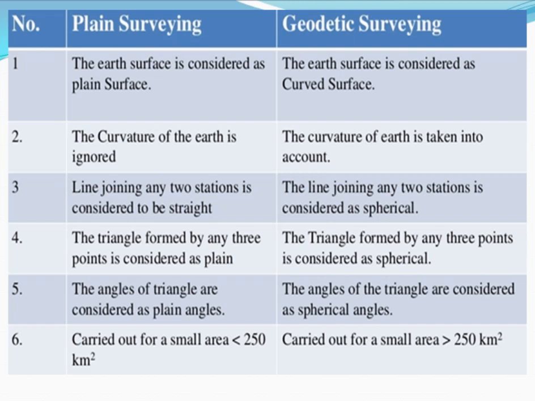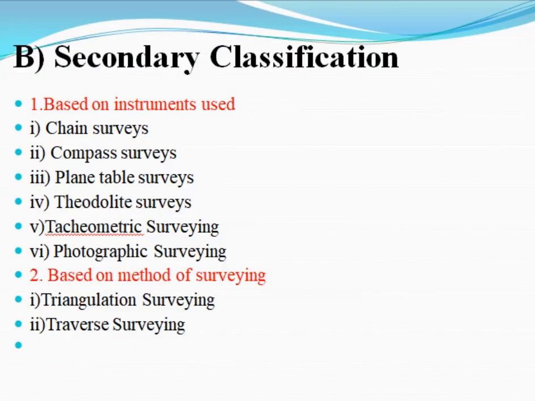Then secondary classification. In secondary classification based on the instrument, first is the chain survey, second is the compass survey, third is the plane table survey, fourth is the theodolite survey, fifth is the tachometric survey, sixth is the photographic survey. One by one we see that the chain survey is used to measure the length.